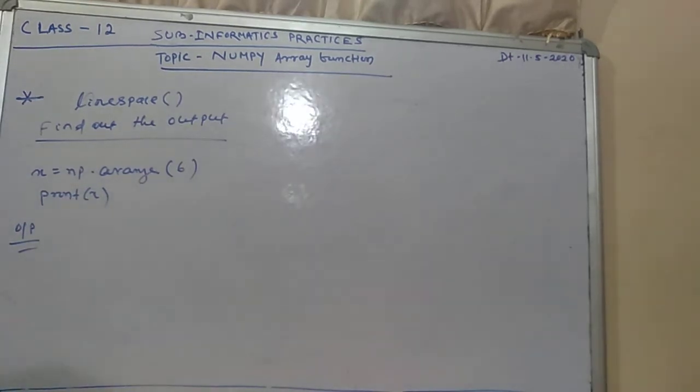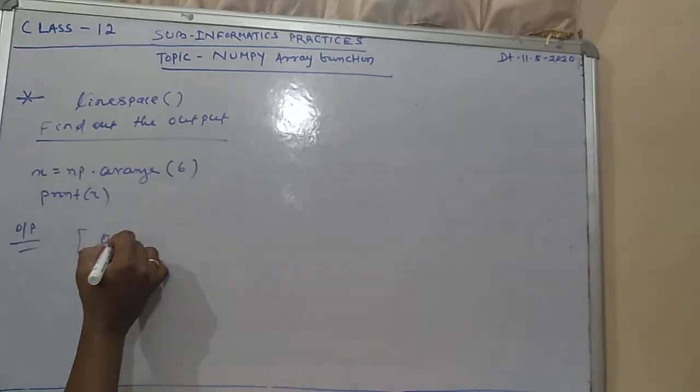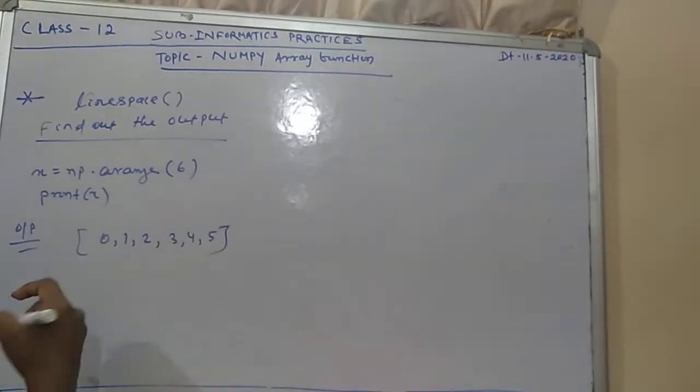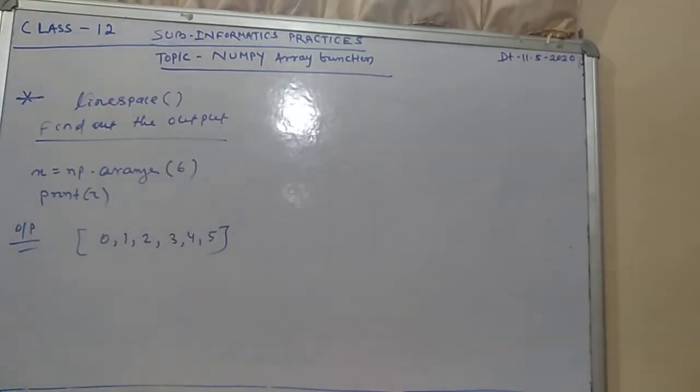So in that case, what is the answer? This will come: 0, 1, 2, 3, 4 and 5. arange(6) means 0 to n minus 1. Already I mentioned in the copy, this is the default value: 0 to 5. Starting will be 0 and the stop point will be 6.